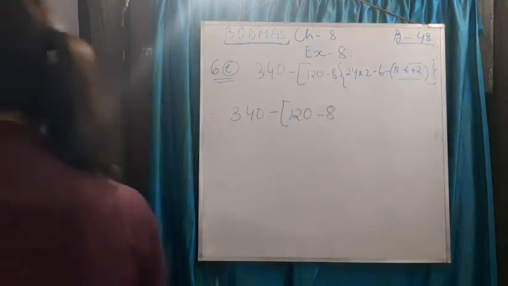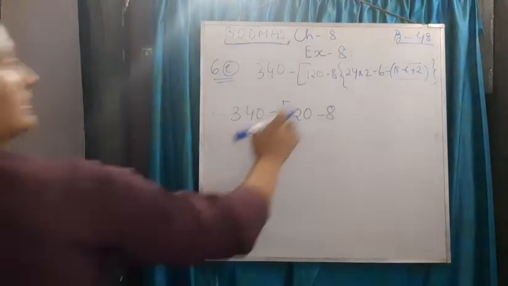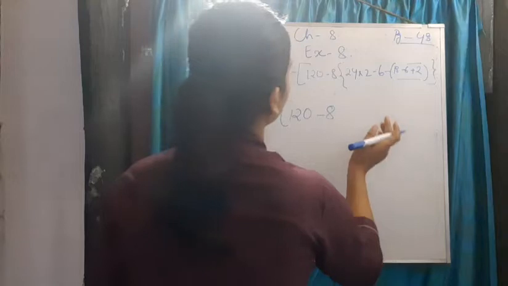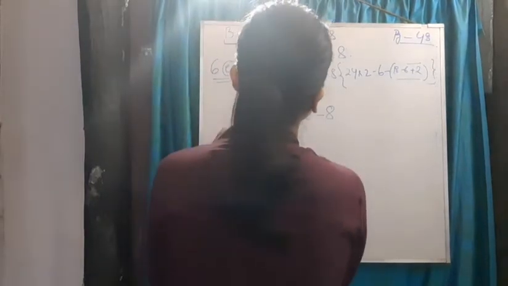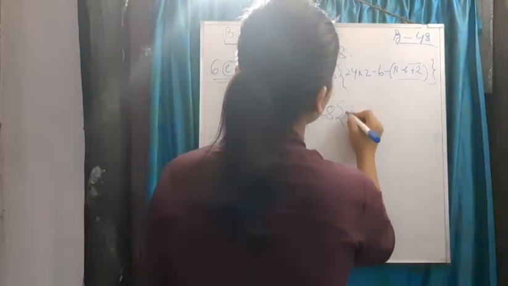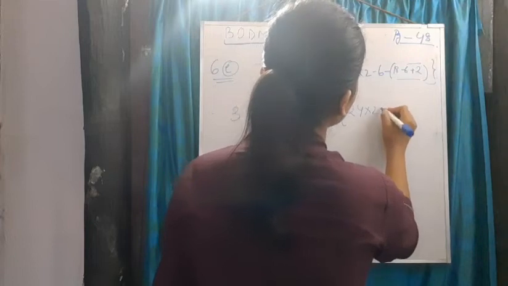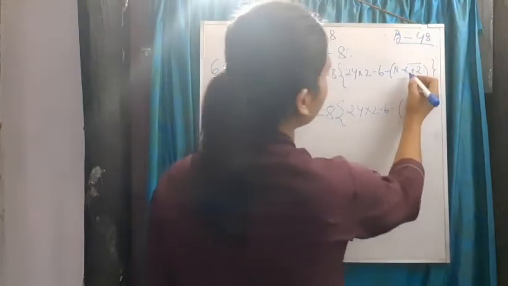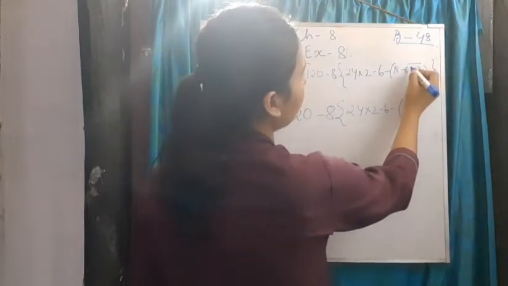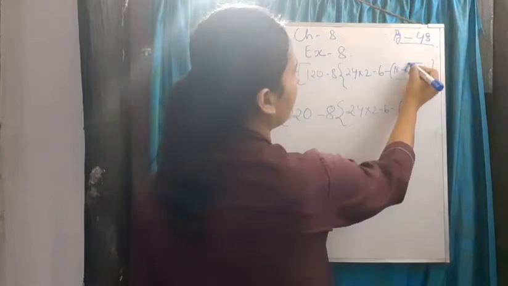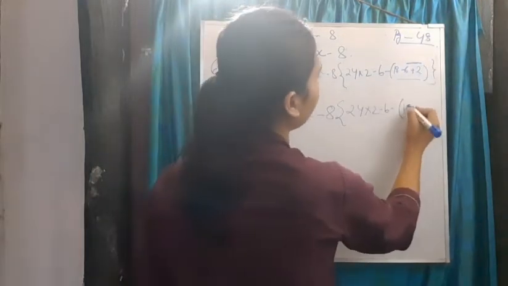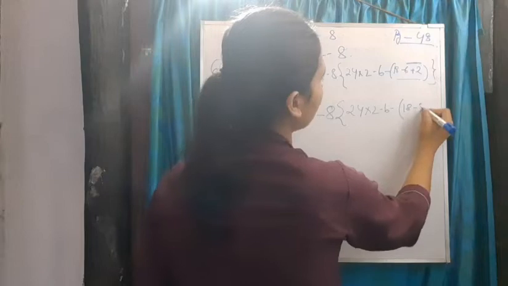Yes, there is no sign. Let me correct this. So 24 into 2 minus 6 minus. Here you can see 6 plus 2, right? So the bar is on this 6 and 2. So 18 minus 6 plus 2 is 8.